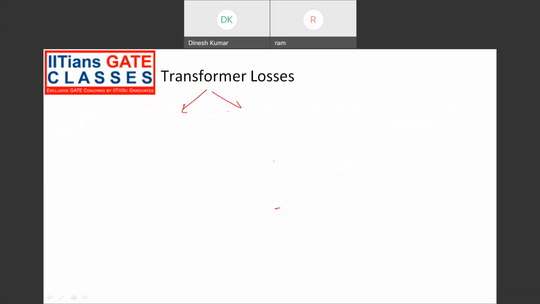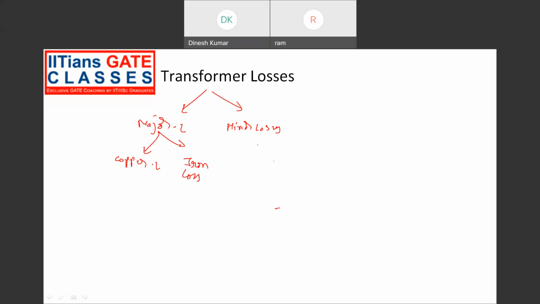Transformer losses are classified into two types. One is the major losses, the other one is the minor losses. These major losses are further classified into two types. One is copper loss, the other one is iron loss.